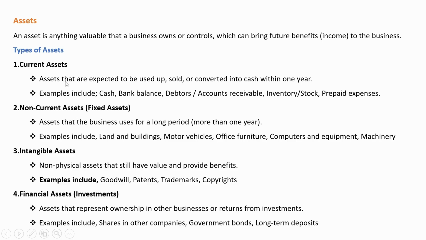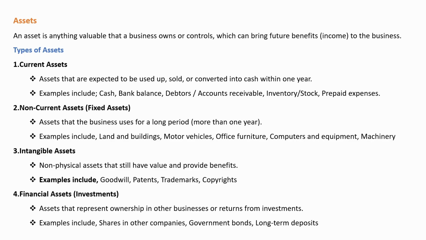So for the current assets, these are assets that are expected to be used up, sold, or converted into cash within 1 year. These assets don't stay in the business for more than 1 year. For example, you buy goods. You have bought goods intending to sell those goods to customers as soon as you get a customer.